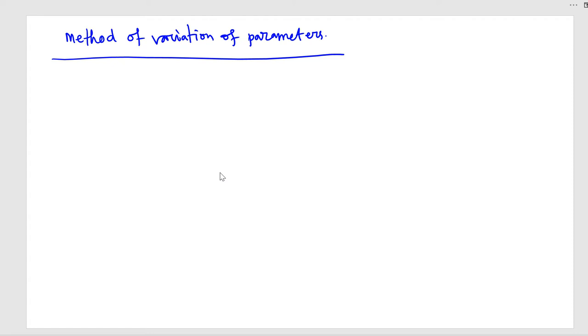Now today we will discuss the method called variation of parameters.